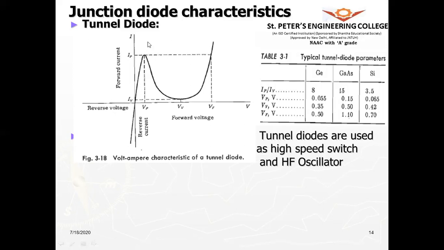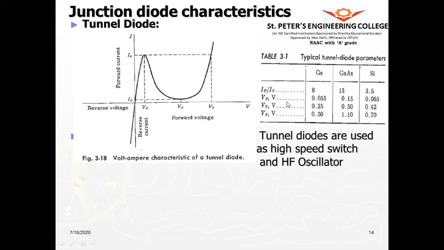So this switching in the forward bias condition enables the tunnel diode to be used as a high speed switch and high frequency oscillator.